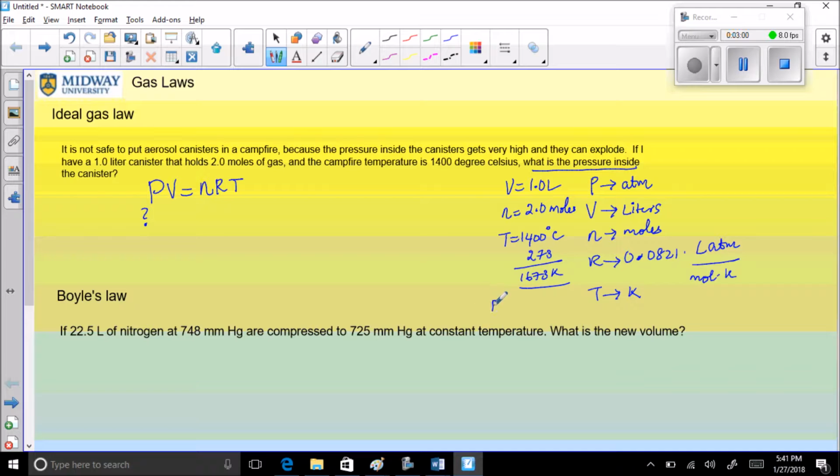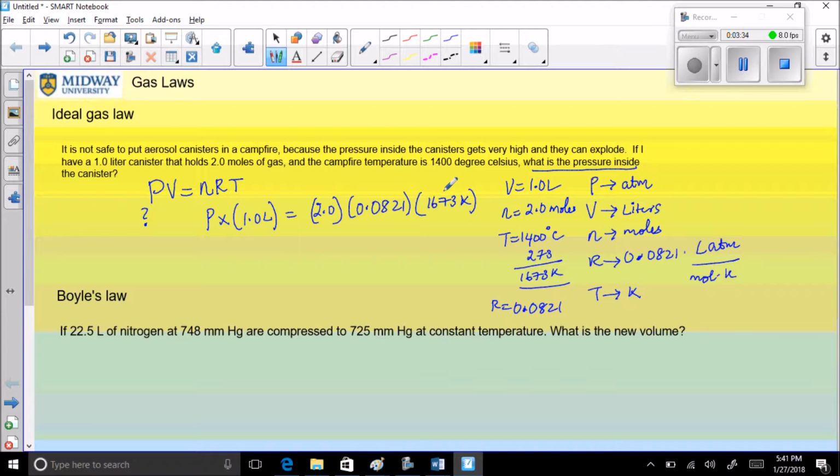And we know R is 0.0821. If we put all these together in this expression, we get the value of pressure: P times the volume of 1 liter equals n, which is 2.0, times 0.0821 times 1673 Kelvin.